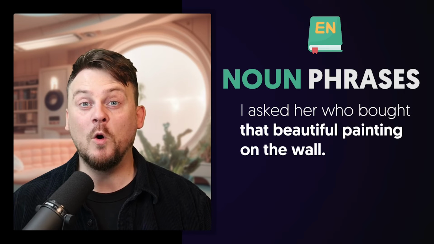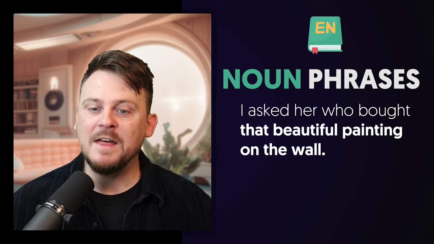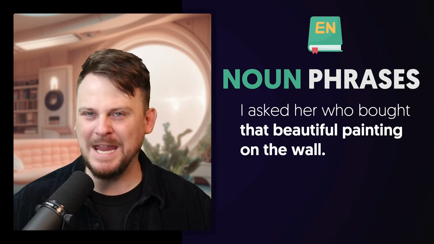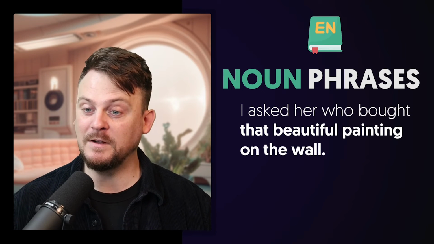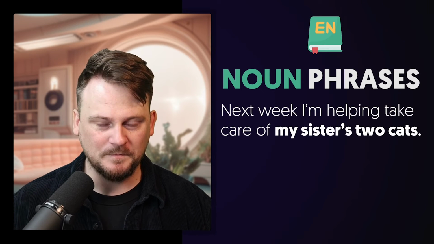Okay. So how would we say this? I asked her who bought that beautiful painting on the wall. I asked her who bought it. Perfect. It works. Well, beautiful. Then that is definitely a noun phrase.